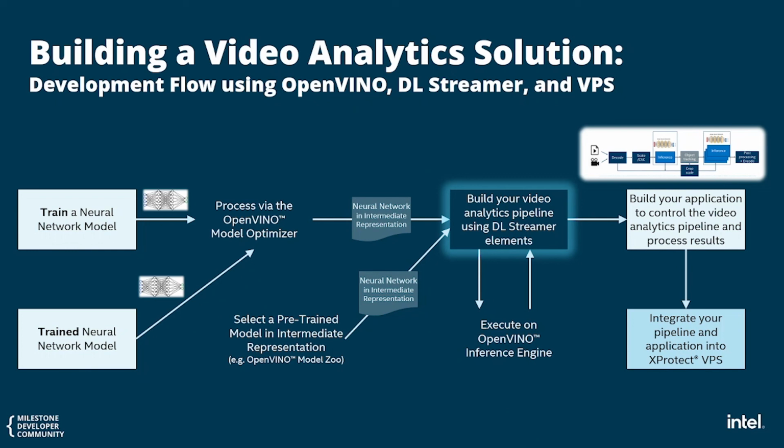Finally, you have to build your application to control the video analytics pipeline and integrate it into the XProtect VPS easily, as I just showed you on the previous slide. After that, the only thing that is left to do is to license your software and sell it. That's the whole story.